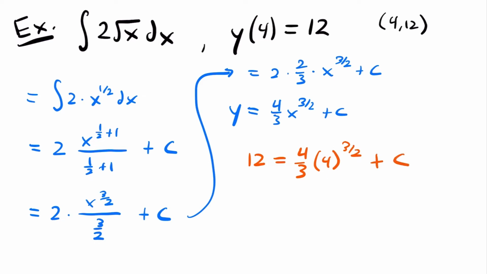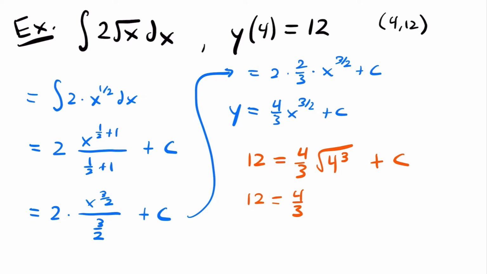And now we want to solve for c. And so what is 4 to the 3/2 power? That seems like it's going to be a little tricky to do. Well, we can rewrite that to be the square root of 4 cubed. Right, this is the same thing as taking 4 to the 3/2 power. We are cubing that value of x and then taking the square root of it. And so if we were to simplify, we'll have that 12 is equal to 4/3. And then what is 4 cubed?